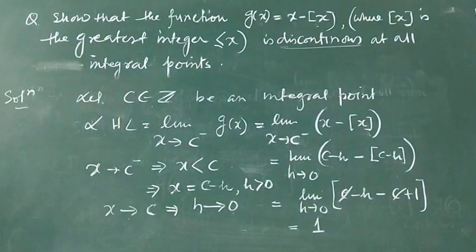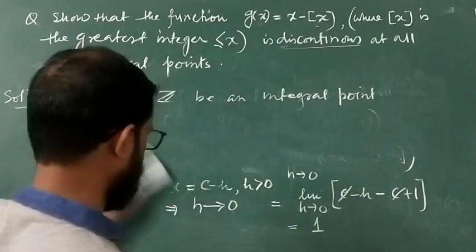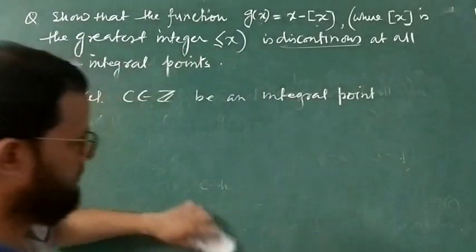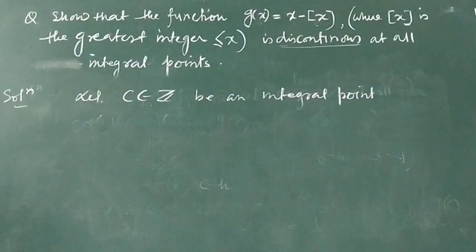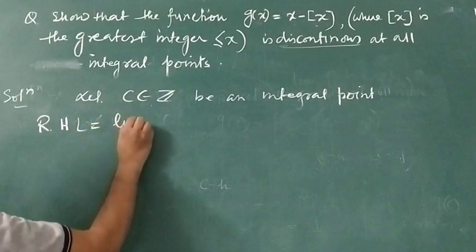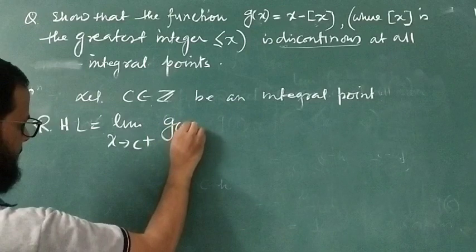Let us find the right hand limit. Okay. Now, the right hand limit is equal to limit x tends to C plus gx.